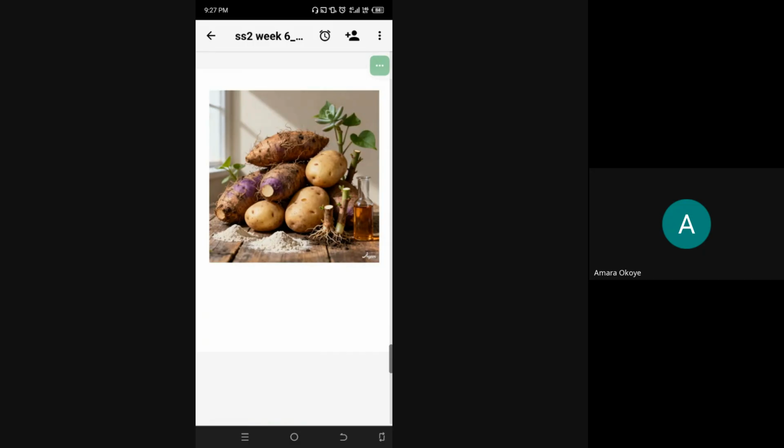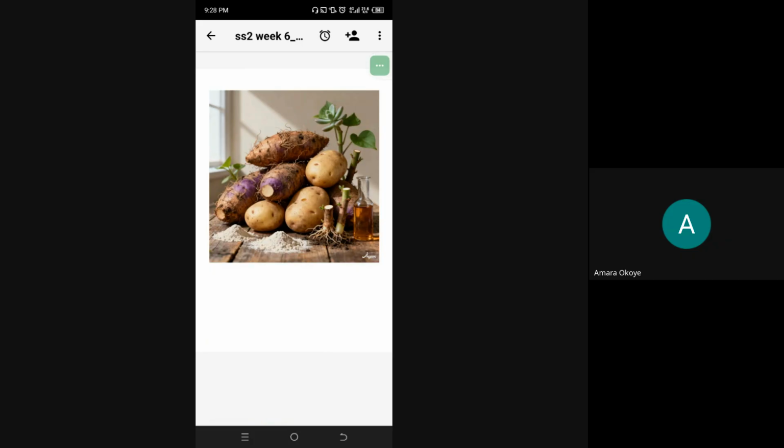So this is what we call potato, Irish potato, sweet potato and Irish potato. They have what is known as eyes on their body. You see those tiny pores, those tiny holes on their body. Have you ever kept potato before in the storeroom? No. What about sweet potato? Yes, sir.